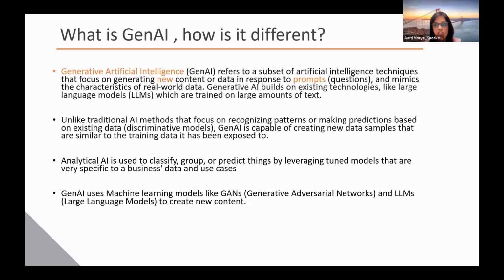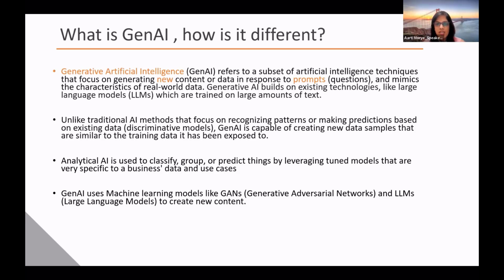But even in its most basic form, what we call foundation models, if you just pick up ChatGPT or BARD, for example, it will be able to give you at least high-level answers for almost any domain for which the information is available on the internet. Gen AI uses machine learning models like GANs, which are generative adversarial networks, and LLMs, which are large language models, to create new content.